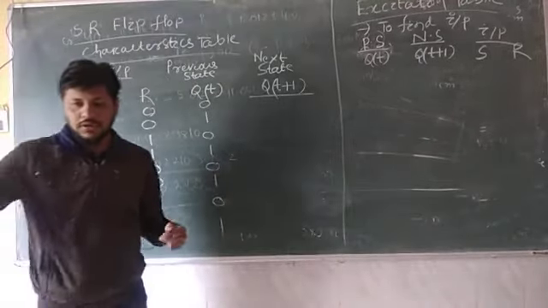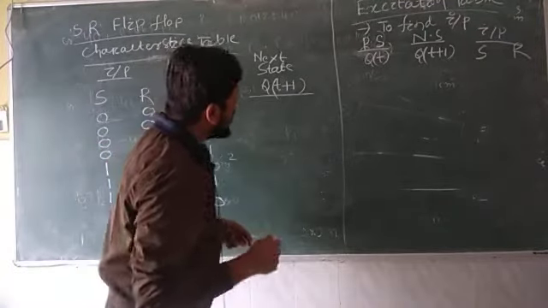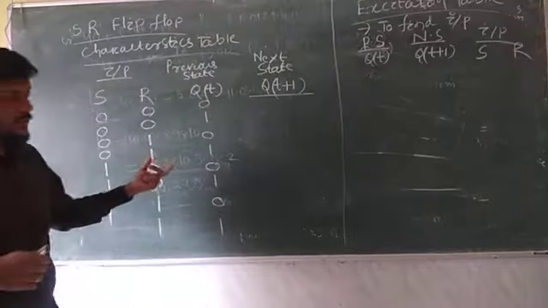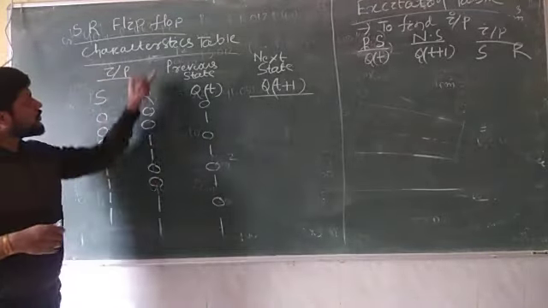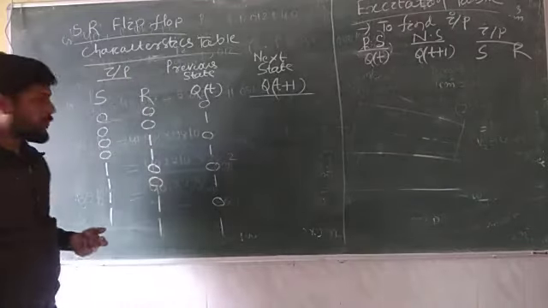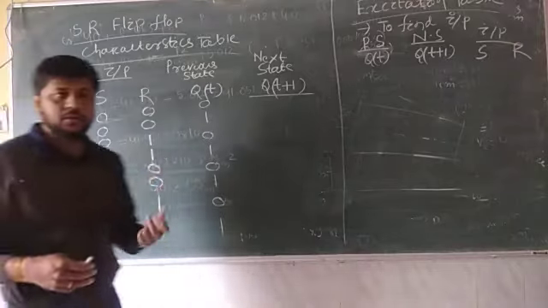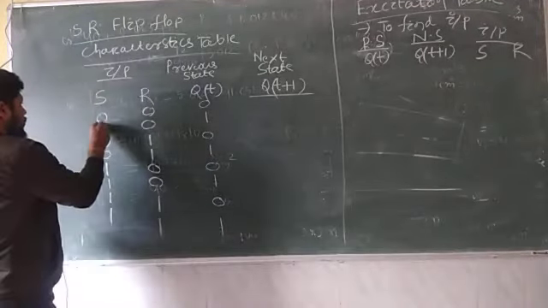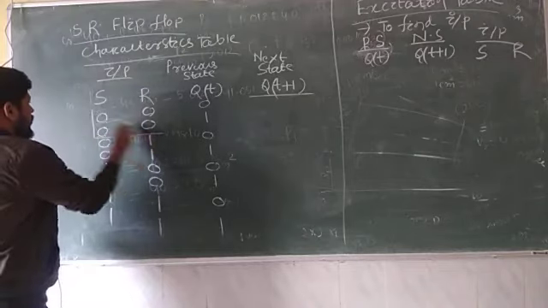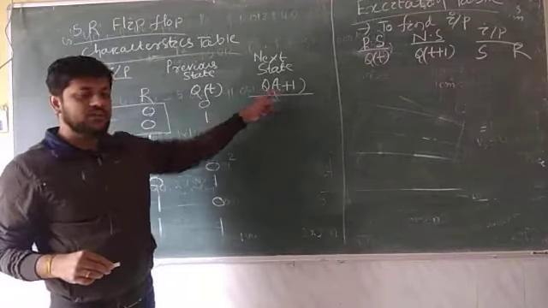So now I am going to draw this excitation table. Before that, I will once again explain how to draw this characteristic table. As I have already explained, from the truth table, when SR is 0 0, QT plus 1 is QT.